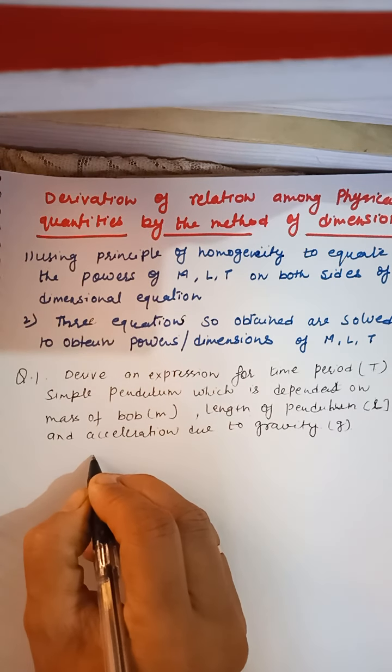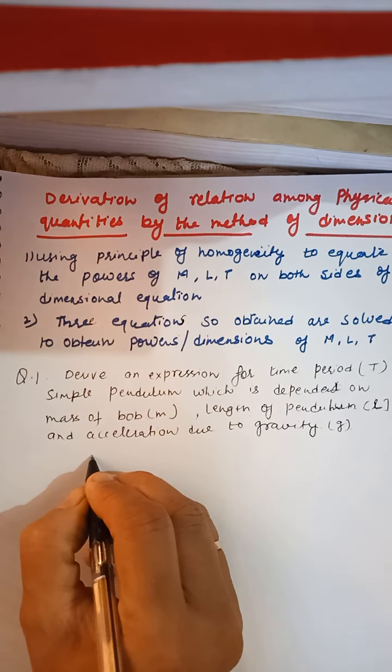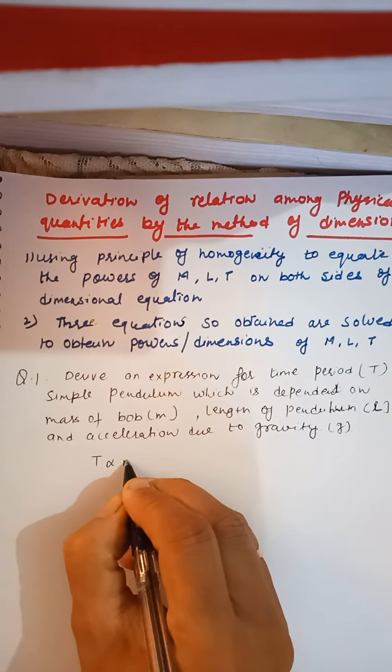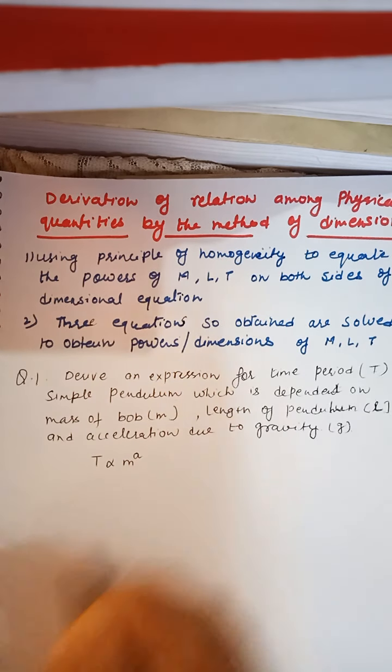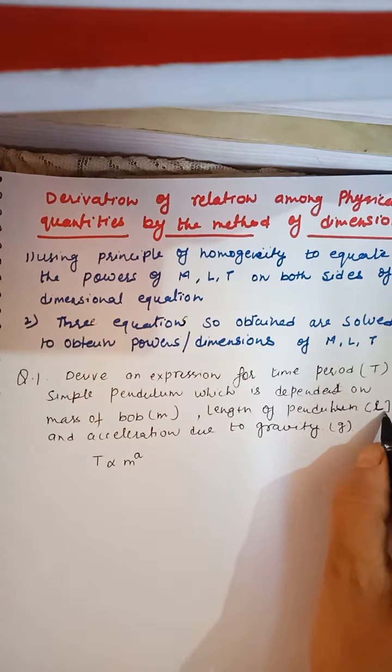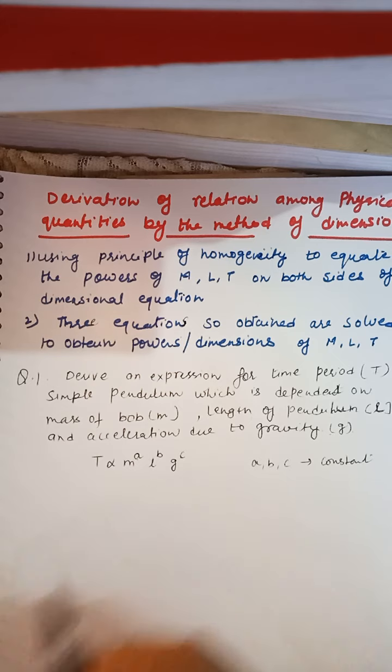So first step, you will write T directly proportional to the first quantity, mass, to the power a; the second quantity, length L to the power b; and the third quantity, g to the power c. a, b, c are constants, and these will give you the powers of these physical quantities so that you can achieve the relation.